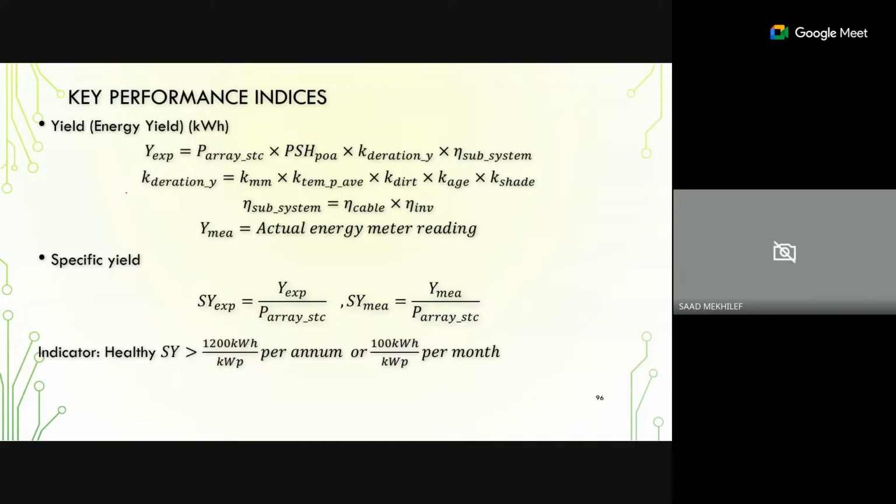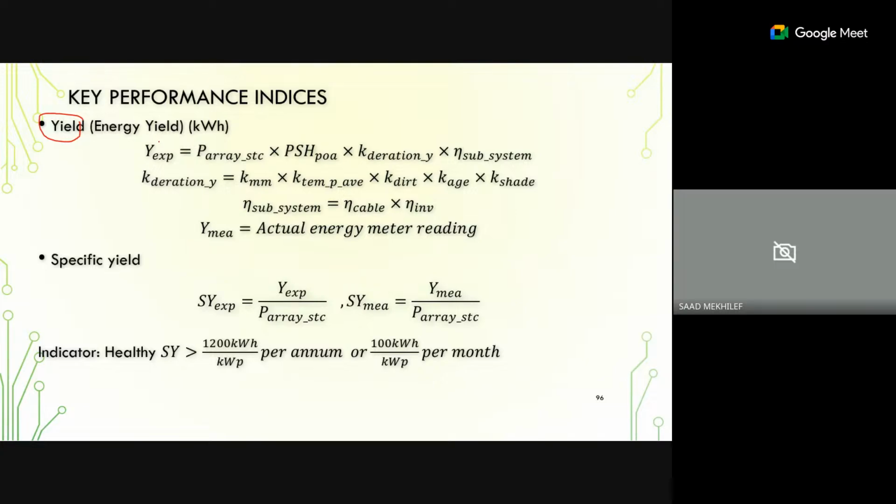I think this is also one of the topics in this lecture: the key performance indicators. Okay, how we measure the performance of a system, especially, I'm talking about PV systems. We always use what we call the yield for the calculations.